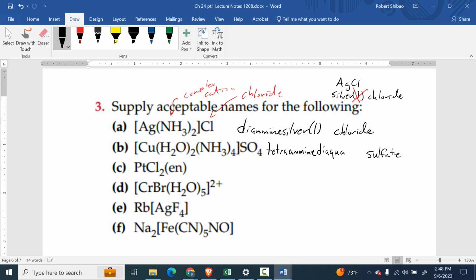Tetraamine diaqua. And the name of the metal? Copper. Now copper is variable charge, so this copper is going to be copper 1 or copper 2? 2. So the whole name of this is all one word, tetraamine diaqua copper 2. There are no spaces. And then we're going to have a space between that cation name and sulfate. So it's tetraamine diaqua copper 2 sulfate.